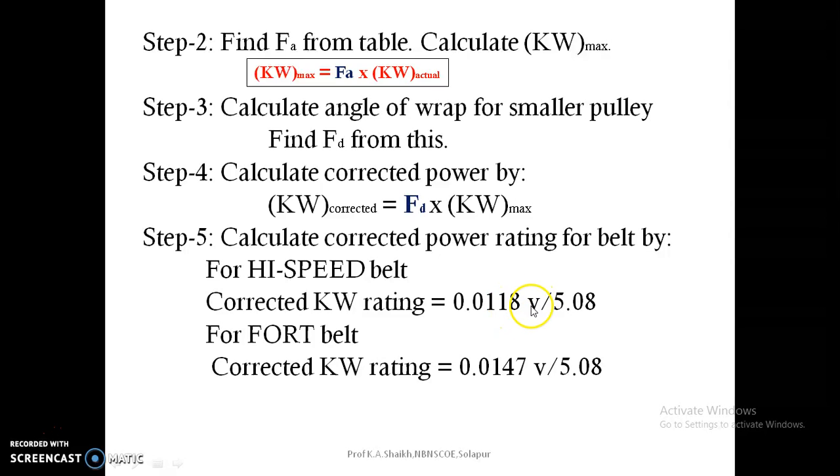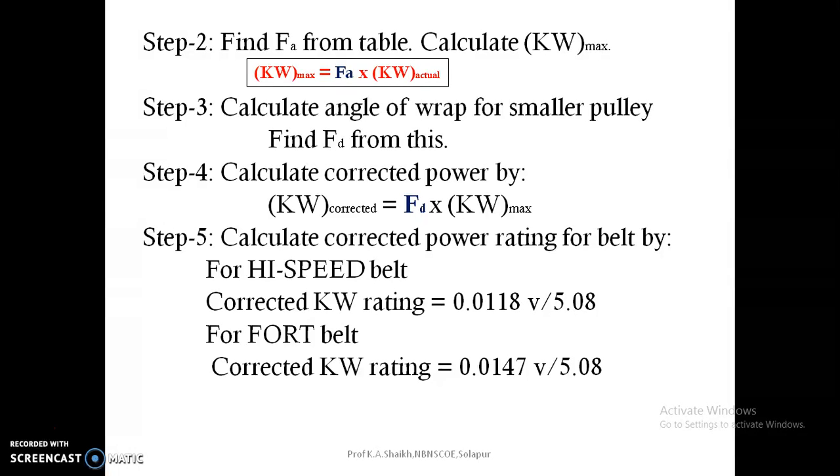0.0118 into v, where small v is the corrected velocity of the belt, that is 18.85, which we already corrected in step number 1. You have to multiply it with this factor and divide by the mean speed of 5.08 meter per second. This 5.08 meter per second is the mean speed of the belt.